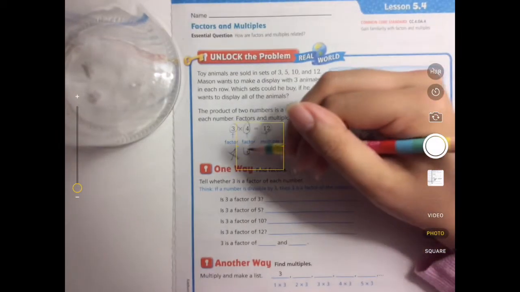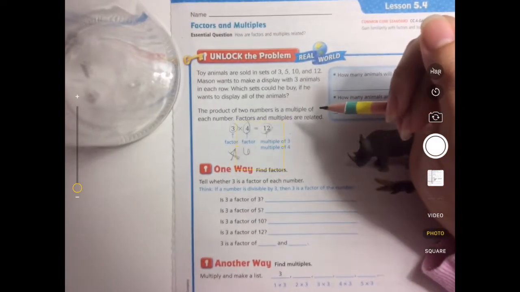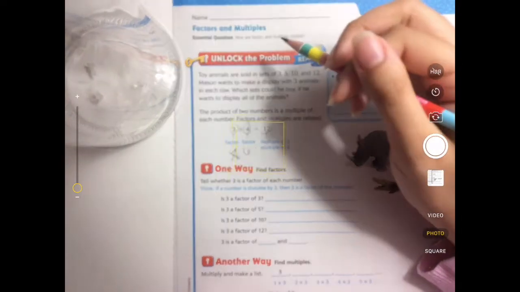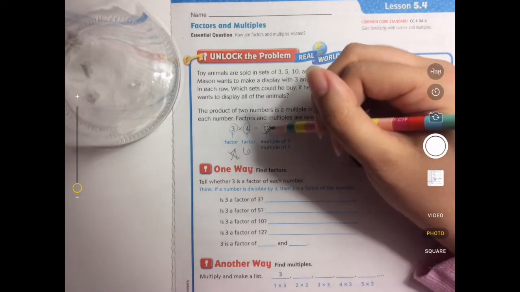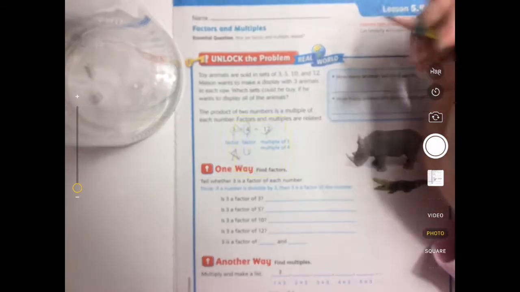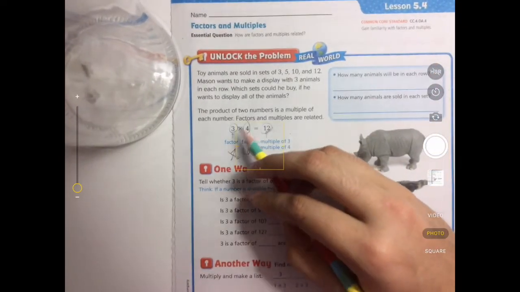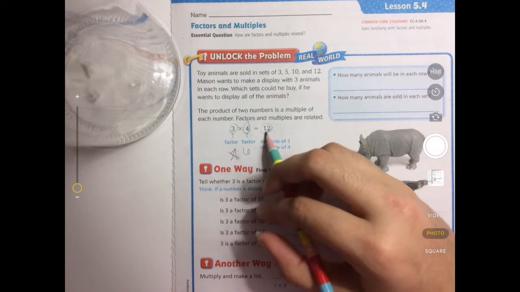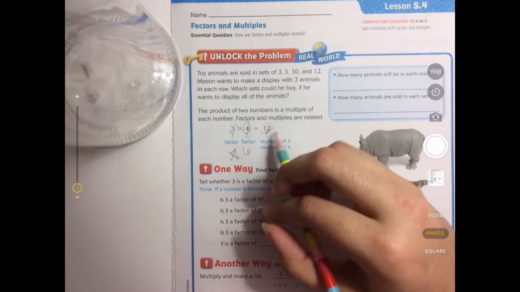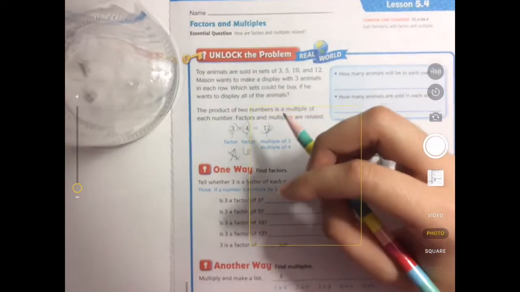Can I multiply something by 6 to give me 12? Yes, I can. I can multiply 2 by 6 to give me 12. So 12 is a multiple of 6. So you understand, these are factors of the answer, and the answer is a multiple of the factors, okay?